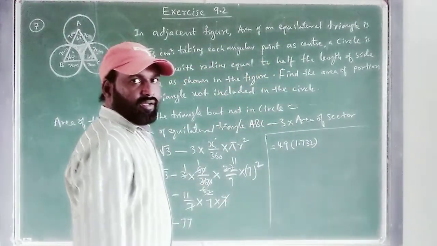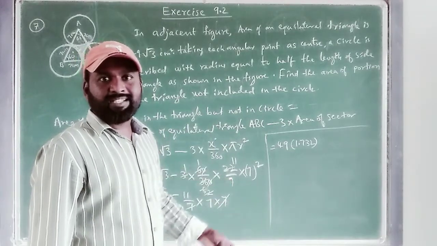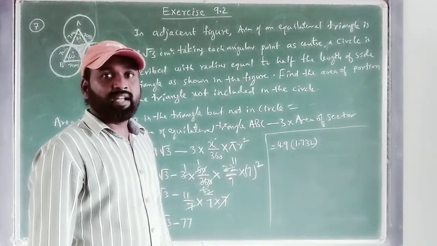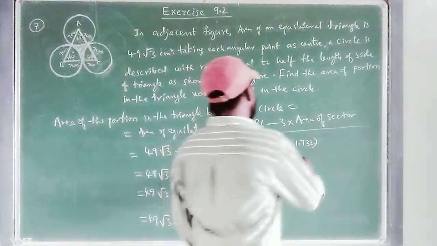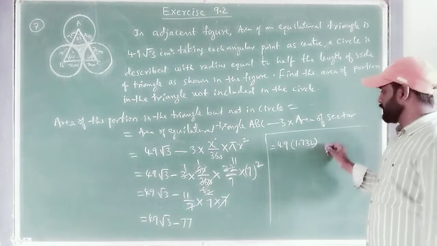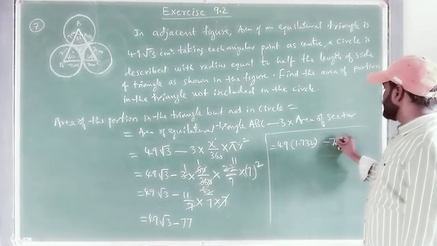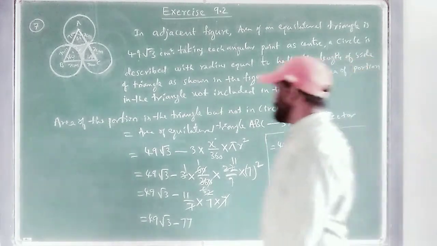It will never end, as it is an irrational number, which is a non-terminating, non-repeating decimal value. That is why we take only 3 decimal places. So minus 77. Multiply 49 into 1.732.